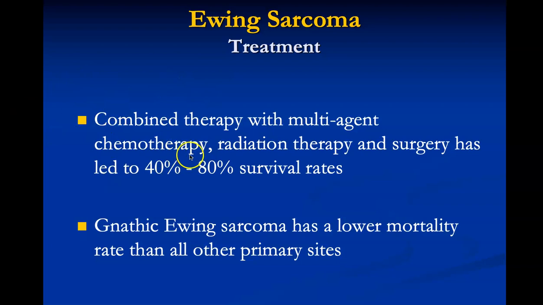It used to be uniformly a death sentence, and now with the combined therapy, it's led to about a 40 to 80% survival rate. Again, a lot of that depends on the surgery and if you can remove the entire lesion. Gnathic Ewing sarcomas have a lower mortality rate than the other primary sites, often because it's the mandible that's involved, and you can just, of course, cut it off because it's the mandible.